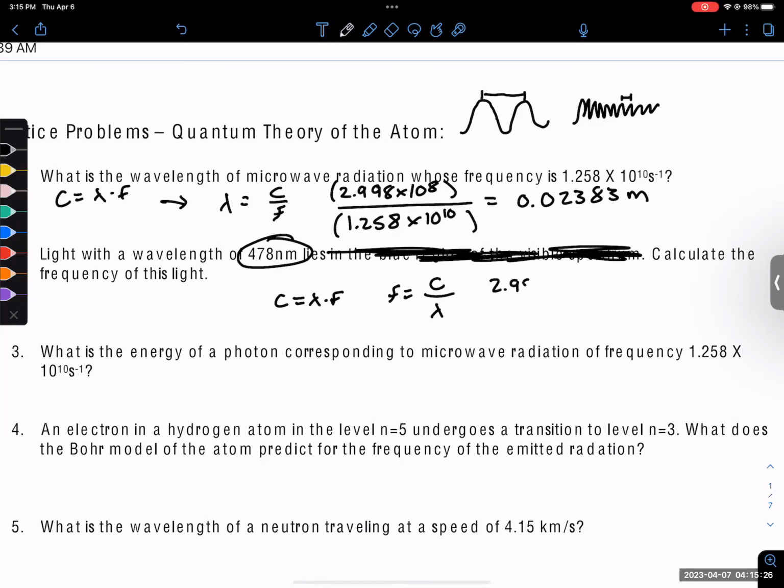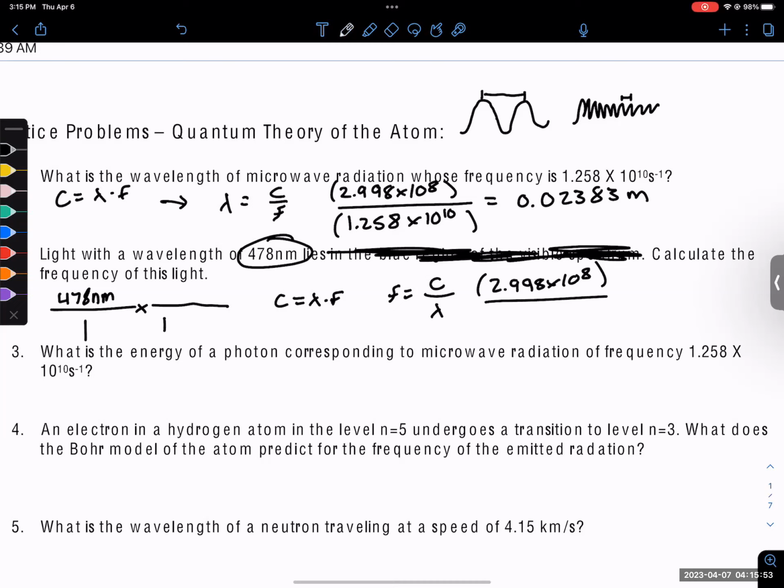So 2.998 times 10 to the 8, and we divide that by a wavelength of 478 nanometers. This needs to be converted to meters for unit reasons, because the speed of light is in meters per second. So you need to have the wavelength in meters as well, not nanometers.